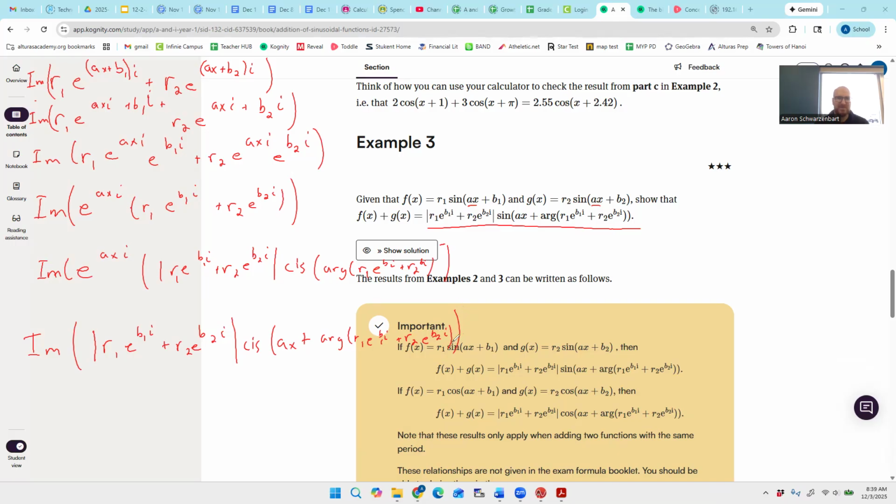What step did we distribute here? I distributed this into there. Why didn't we distribute it into the magnitude? Or did we? It's multiplied, so it could essentially be e to the axi.